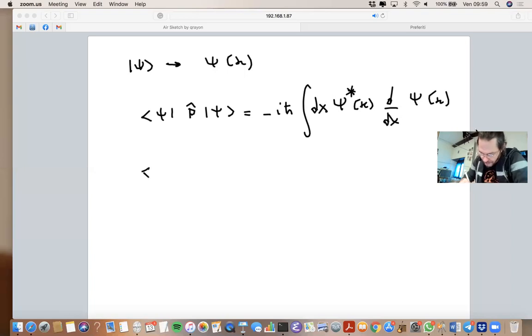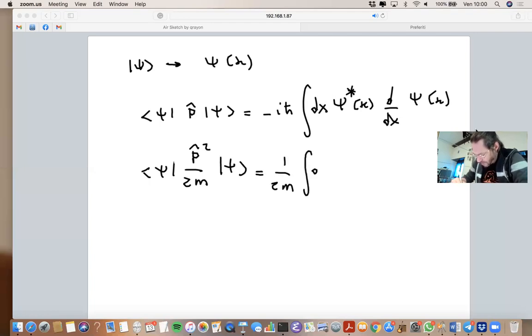What about the kinetic energy operator? Well, I can obviously pull off the 1 over 2m. I know how to represent in position representation the kinetic energy: it is negative h bar squared times the Laplacian.